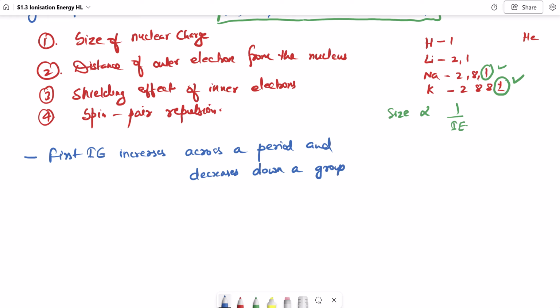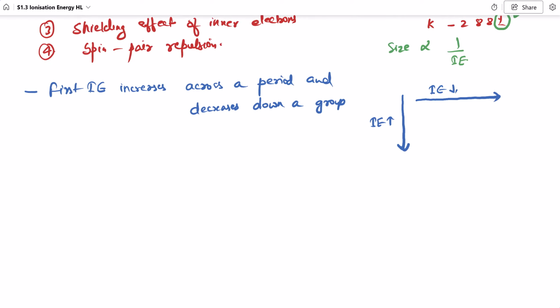As we go across the periodic table this way, ionization energy increases. As we go down the group this way, you will find that ionization energy decreases. And let me show you the trend.